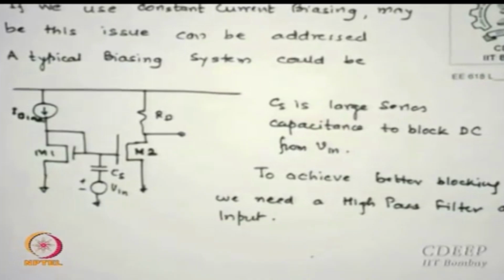So instead of just CS, I must convert it into some kind of a high pass filter whose cutoff is very close to 0, a little higher than DC, so where should I put a resistor? And since there are no gate currents, what does that mean? Any resistance will not change any drops because there is no current on the gate side, is that clear? Because the gate is isolated by insulation.